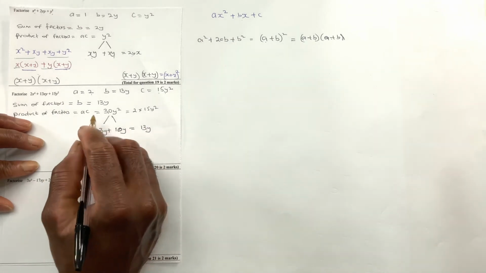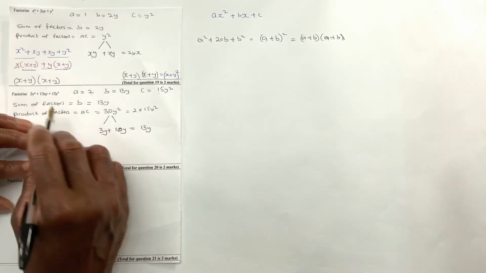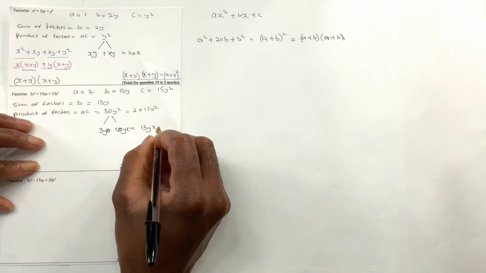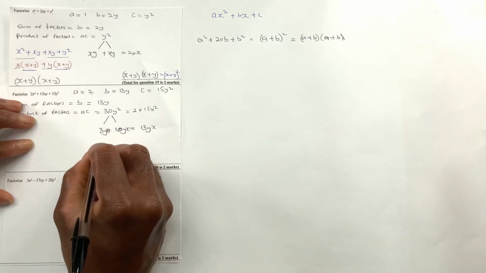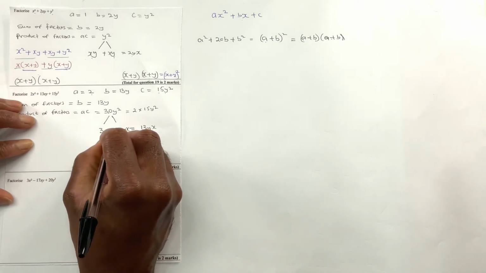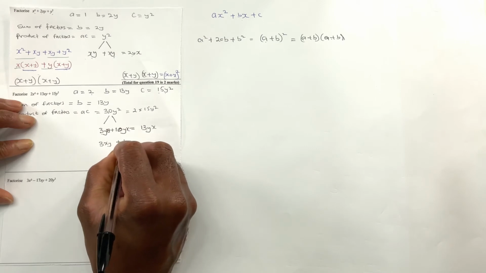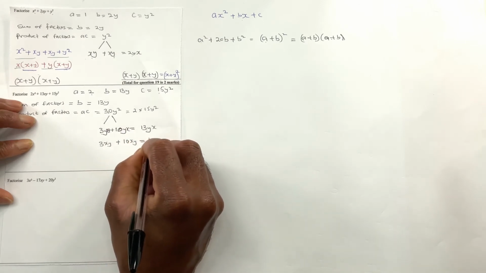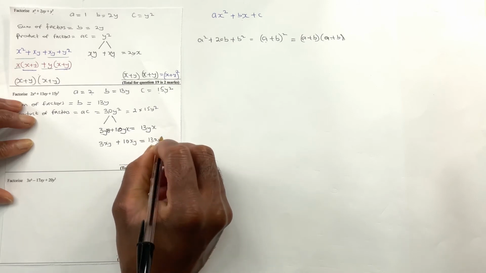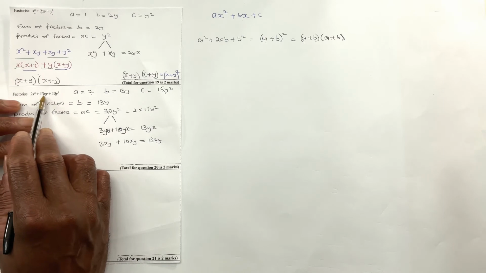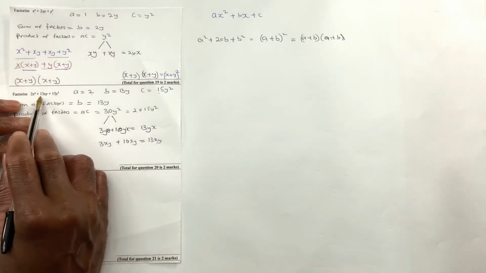All I now need to do is add x to them because it's x. So if I put x there, I put x there, I get x there. So what I'm saying is I get 3xy plus 10xy, which is equal to 13xy, because 13xy is what I have here. So I need to replace that with this.